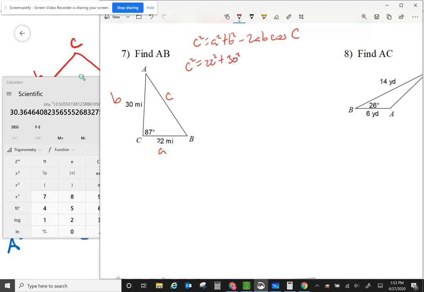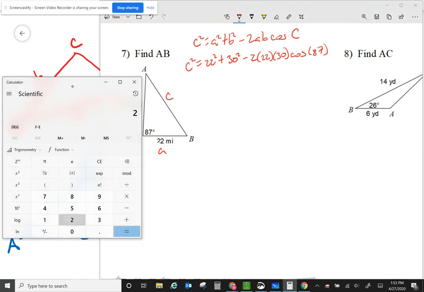plus 30 squared minus 2 times 22 times 30 times cosine of 87. So 22 squared plus 30 squared minus 2 times 22 times 30 times cosine of 87.